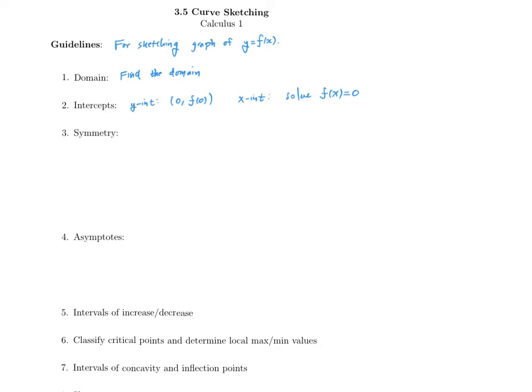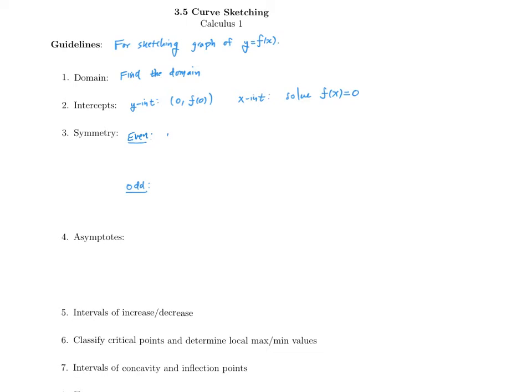Once you have the domain and the intercepts, which you'll probably be adding on to an xy axis as you're working, the next thing to think about graphically would be symmetry. And there are two key types of symmetries that will assist us when it comes to sketching a graph. Is the graph of your function even, or is the graph of your function odd?